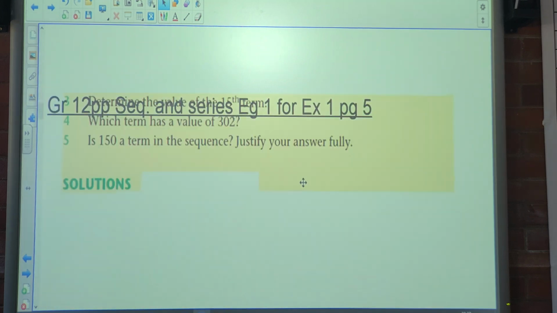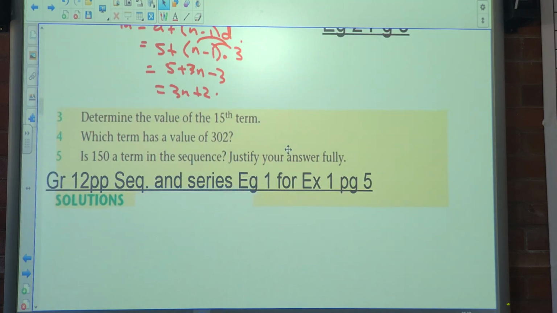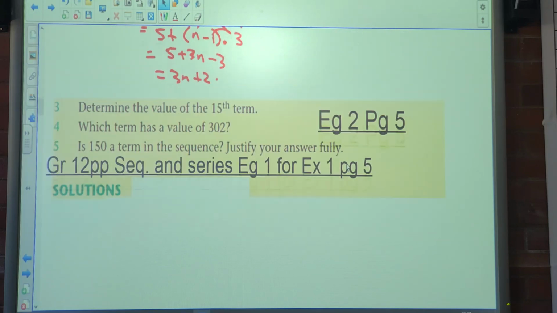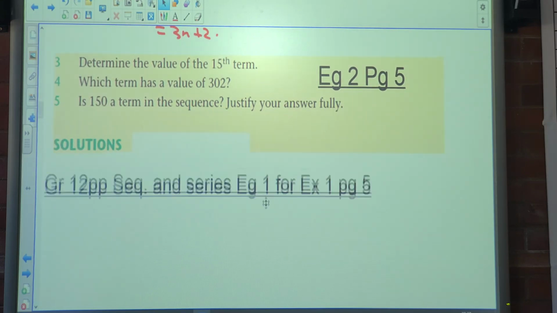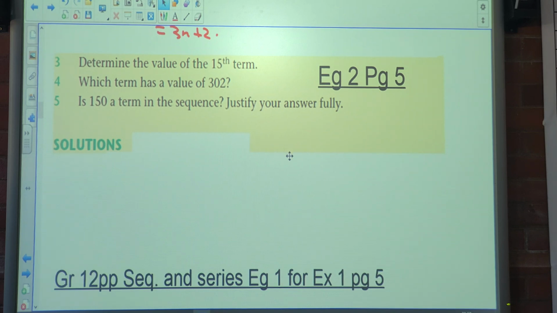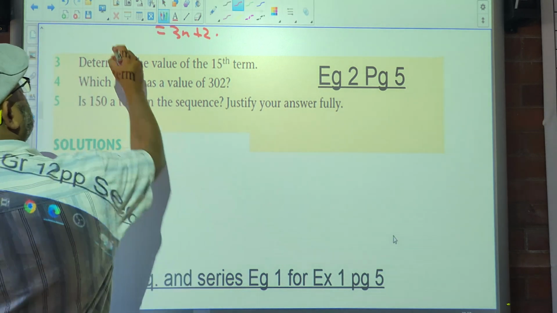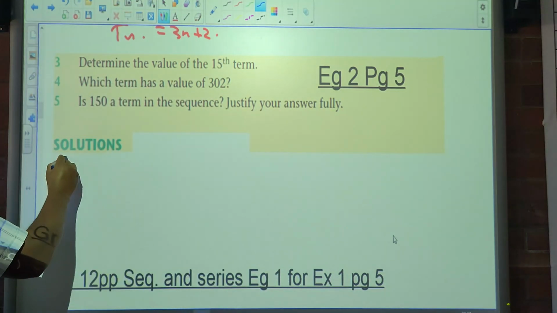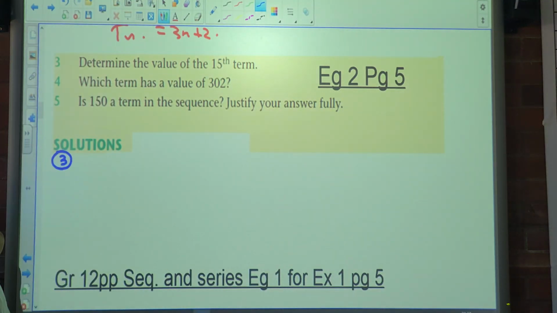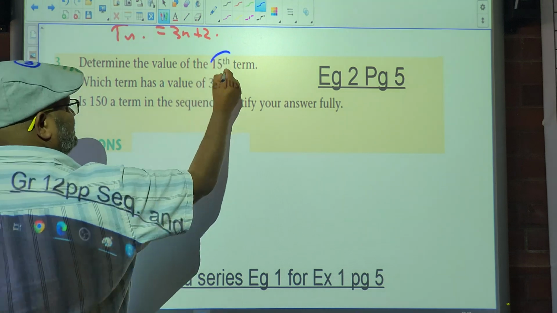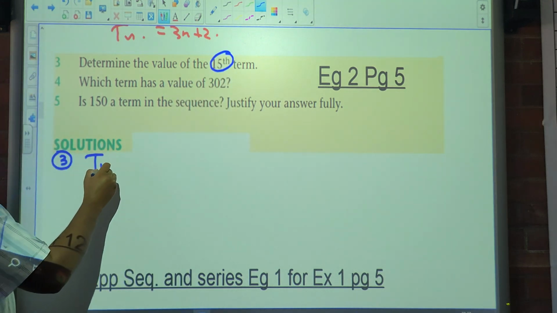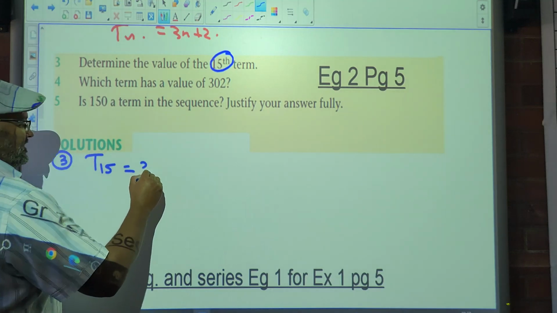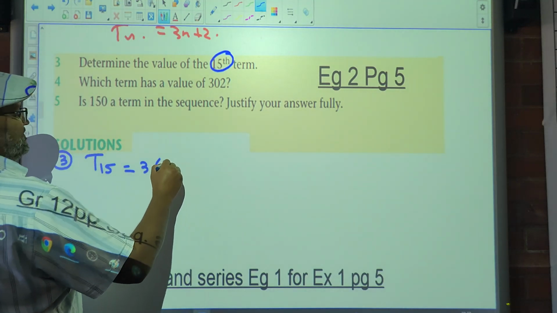The next question with regards to this example, of course we need the general term. Determine the value of the 15th term. So what is 15 now in this case? What is 15? The n. Not so. So in other words, I'm working out T15. So what do we have? 3 times 15 plus 2.